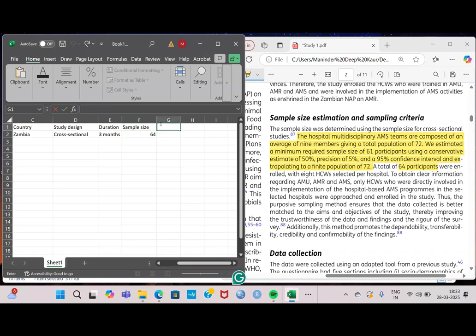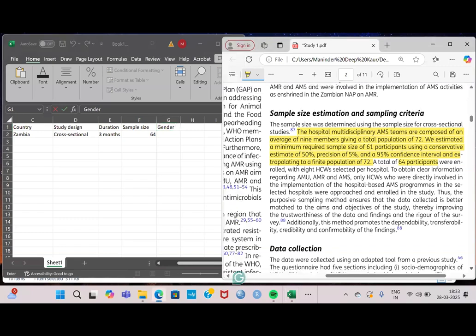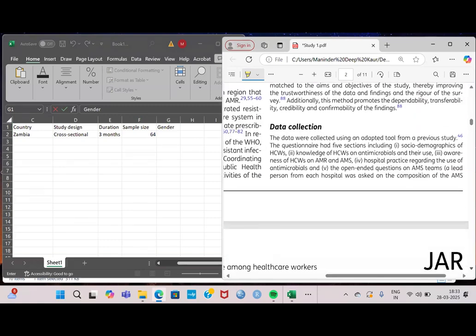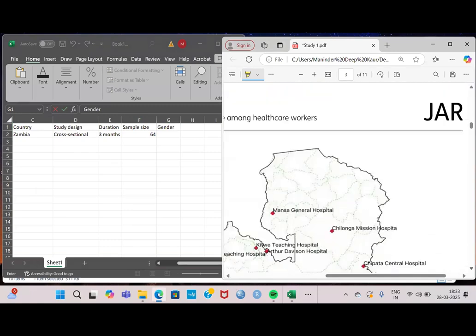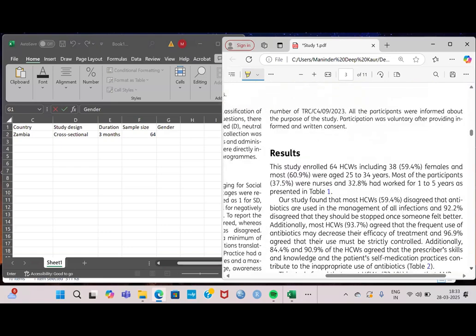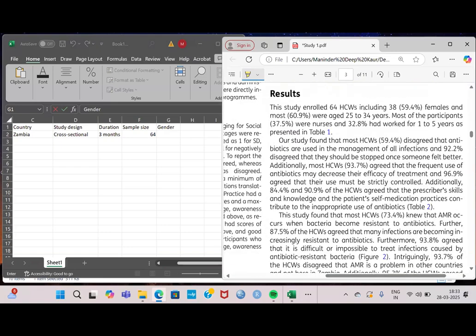Next is the gender. Is there any information about the gender? No. So this is the data collection methods. In the results section, I can see that this study enrolled 64 healthcare workers, including 38 females, and most were in the age group of 25 to 34.